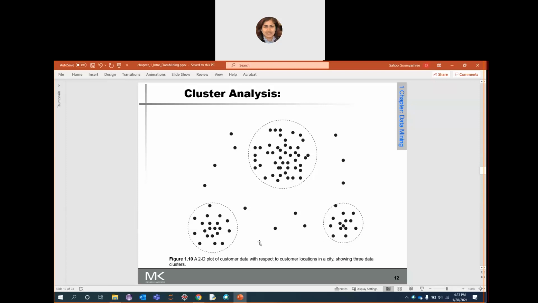So there should be some criteria. The apple's color is red, the orange's color is different, or the shapes are different also. Those things need to be fed to the machine so that it will be able to distinguish between different types of fruits. The same type of method will be applied to cluster analysis.